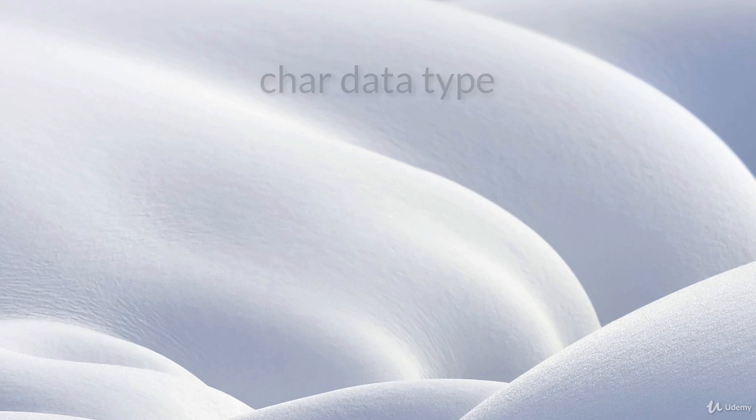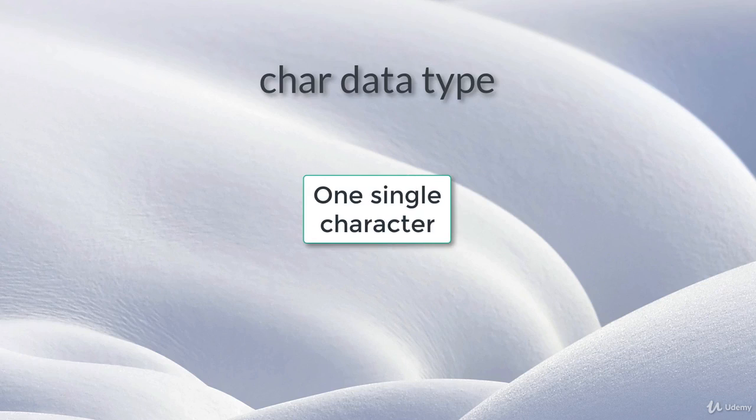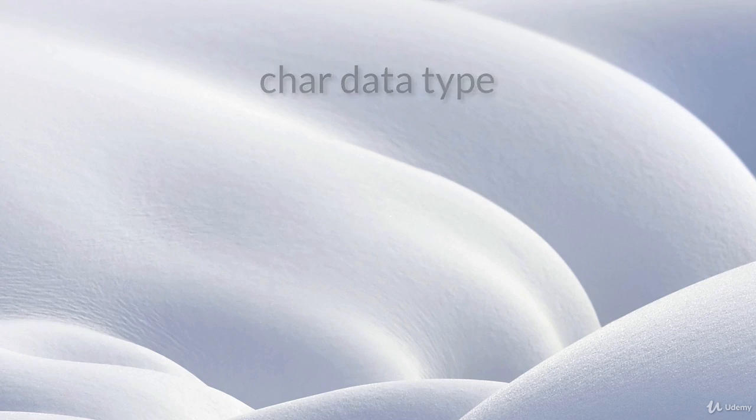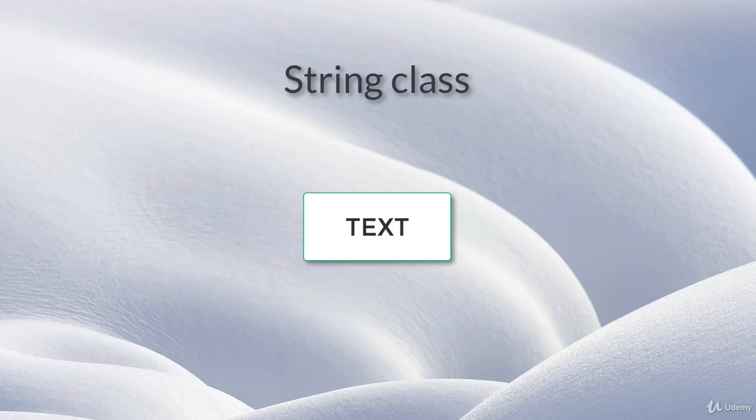We can also use the char or the character data type that can only store 1 single character and uses 2 bytes to store. One other data type that we will use is the string class as data type. The string type will be used for text. String is actually a class, but for now, see the string data type in the same light as the other primitive data types. We will get to classes and objects in a later video.